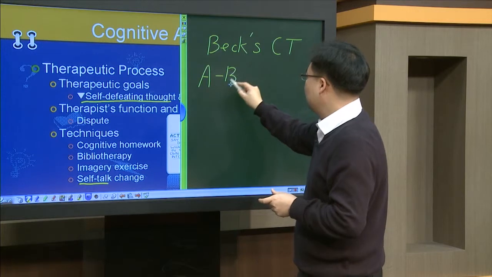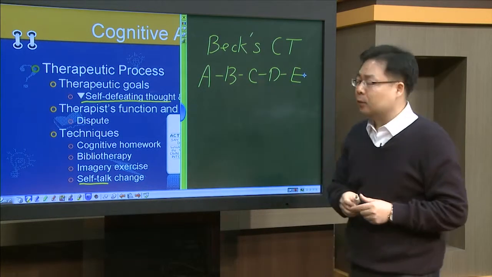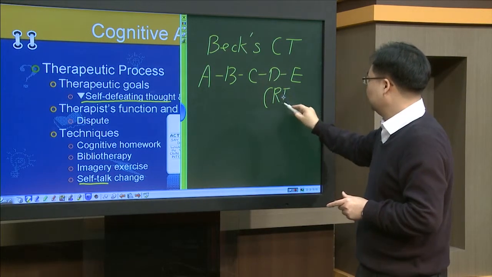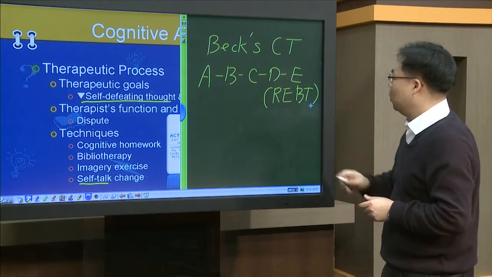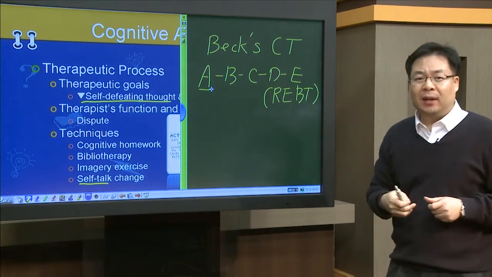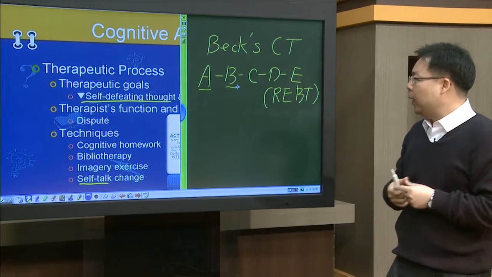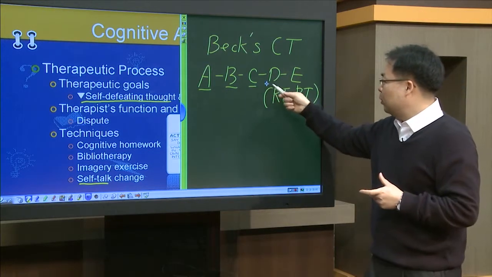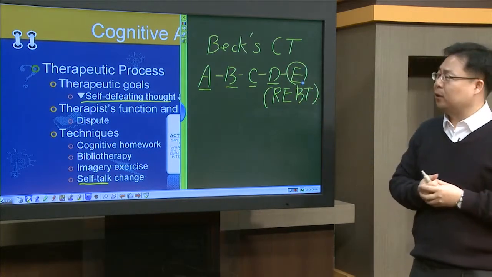A, B, C, D, E. This is by Ellis, rational emotive, sometimes called rational emotive behavior therapy, REBT or RET. Do you remember this one? The activating event, like a grade, and they believe I have to get a good grade, and they're mad or angry. So the counselor disputes, and E is the effect of the counseling.